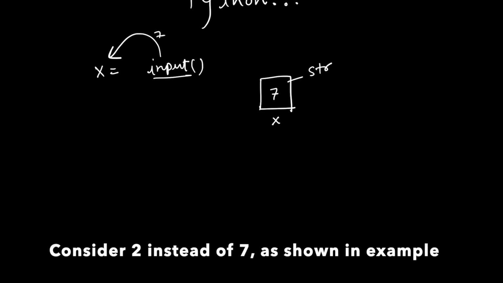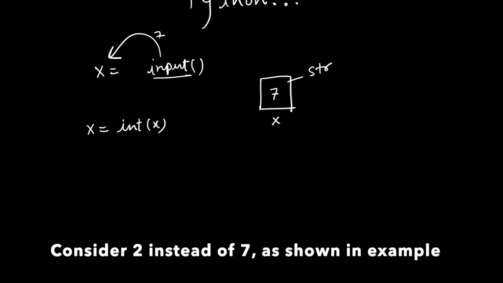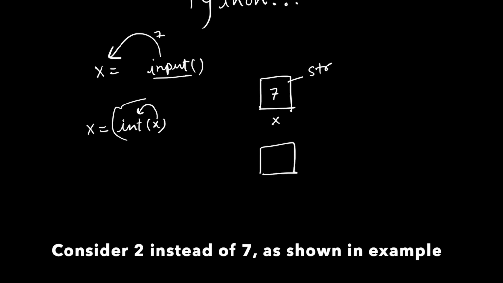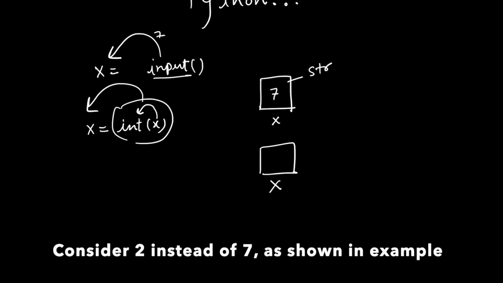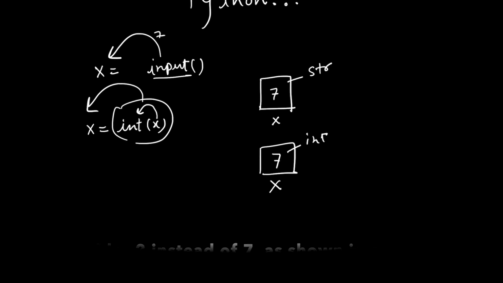So for that what we did, we converted x equals int(x). So again this 7 got converted into integer and finally stored again in x. So x got created, which already had 7 as a string. Now we'll have 7 as an integer.